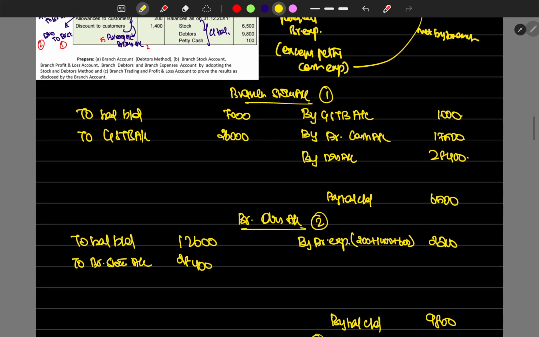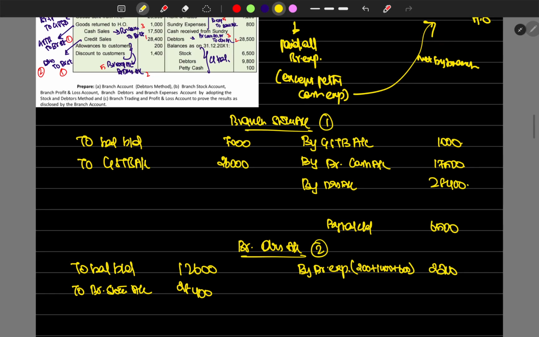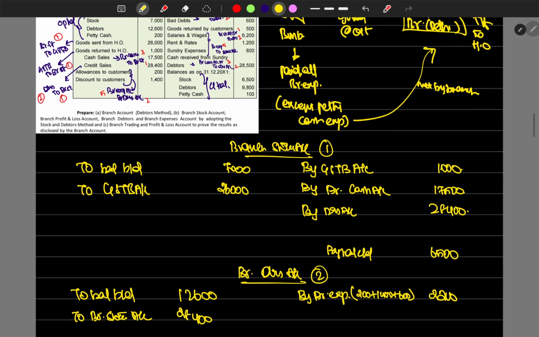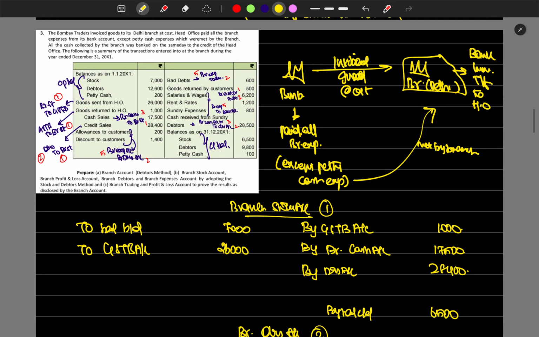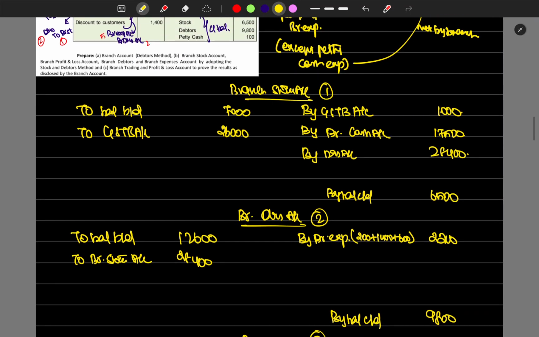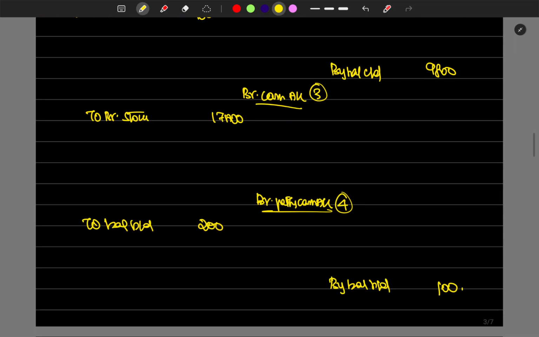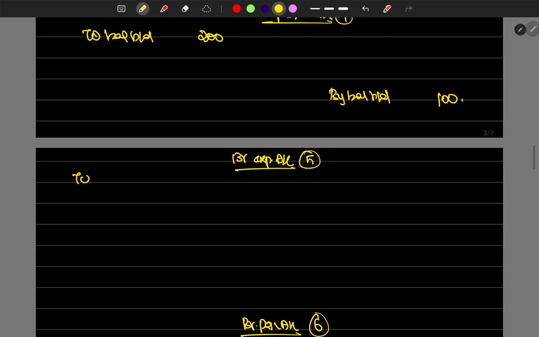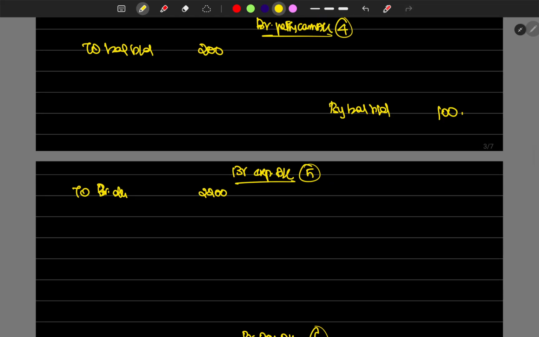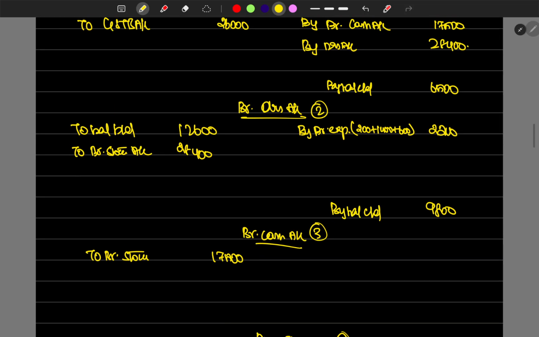Then we have entered here, we have to show it in the branch expenses also, right? To debtors, which is 2,200. To branch debtors, which is 2,200. We have to include branch for every line item.